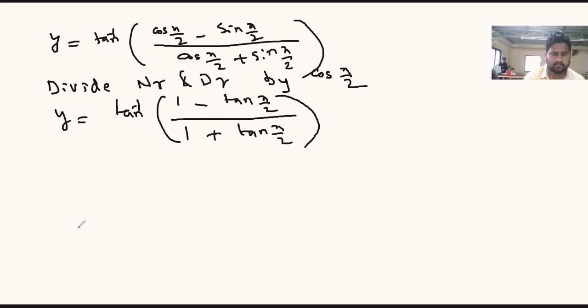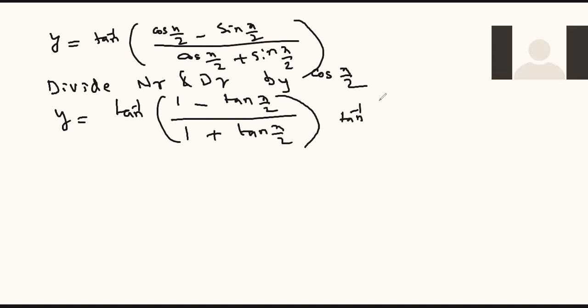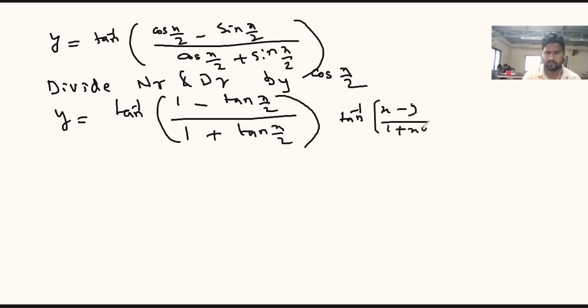So then now how to solve? We can use the formula. Which formula? That is tan inverse of x minus y by 1 plus xy is equal to tan inverse of x minus tan inverse of y. Here x is nothing but 1 and y is nothing but tan x by 2.